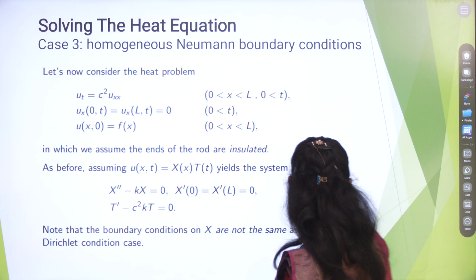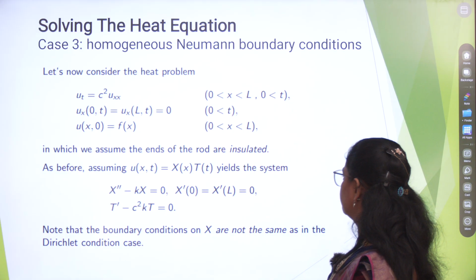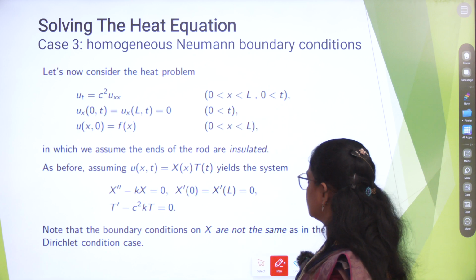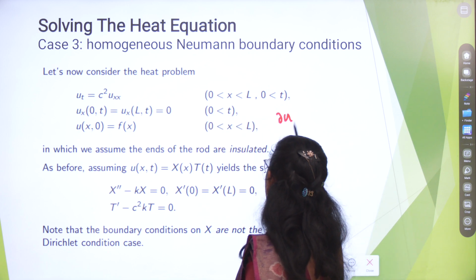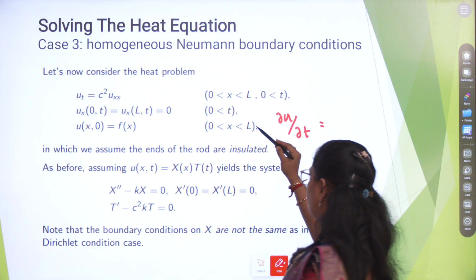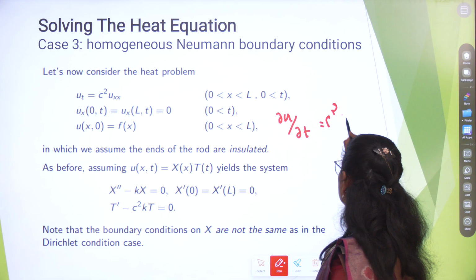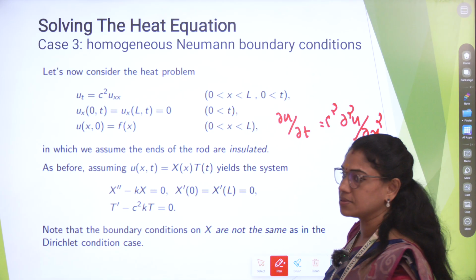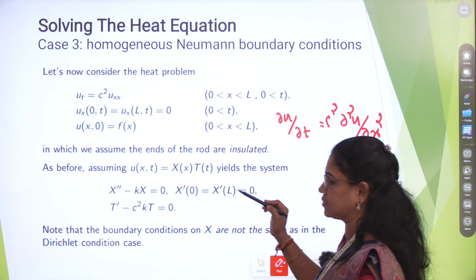So ∂u/∂t is equal to c squared ∂²u/∂x². Here c squared is the thermal diffusivity.